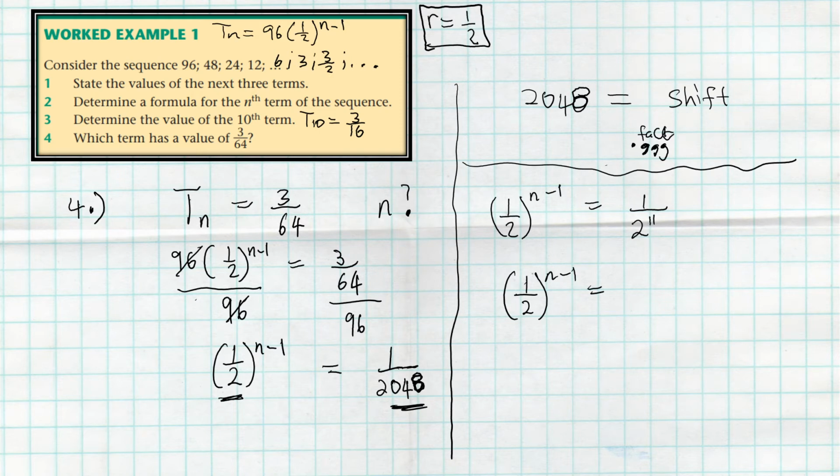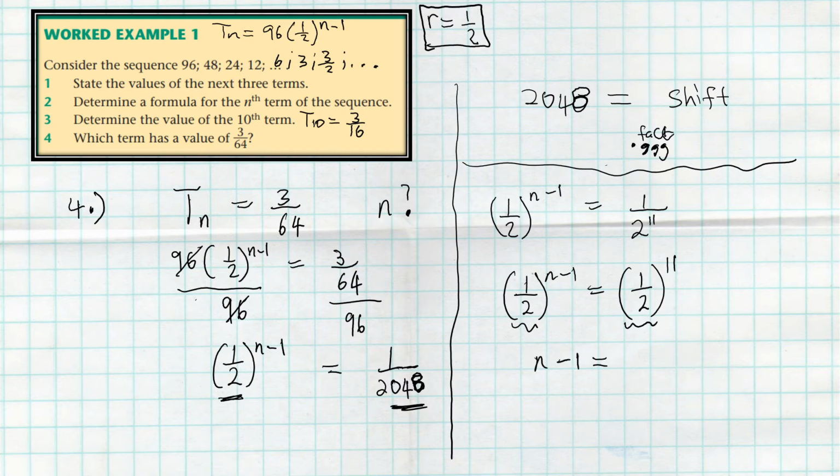Now we can make the base the same. We know that 1 exponent any number is still 1. So we can write it as 1 over 2, all exponent 11, because 1 exponent 11 is still 1, and 2 exponent 11 returns back to 2048. So now the bases are the same. According to laws of exponents, we equate the exponents.